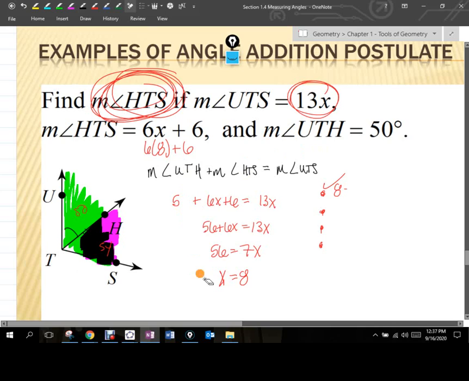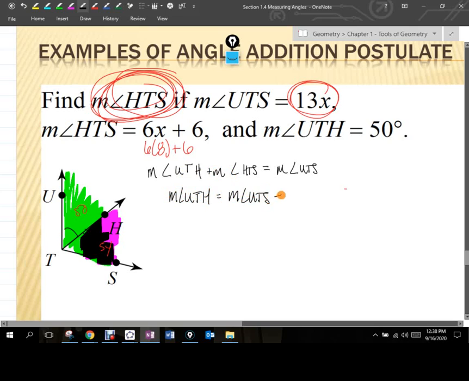If I go back to this setup here, you isolated UTH. So you took the measure of angle UTH, and you let that be the measure of angle UTS minus the measure of angle HTS. Isn't that the same thing as this? You just took that and put it over there on that side?